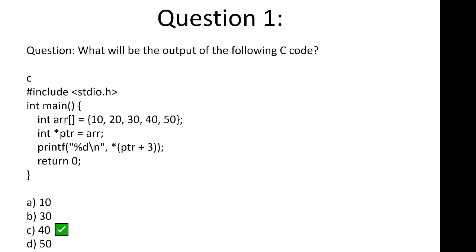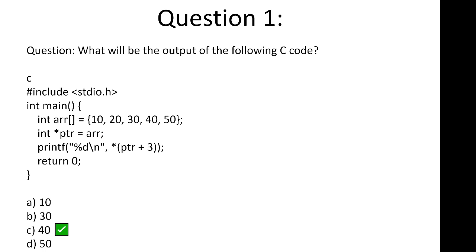The first question is related to pointers. I have applied a pointer using arrays. So, next one. One by one I have provided the details, and clearly four options are given.